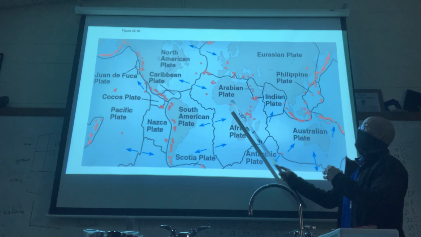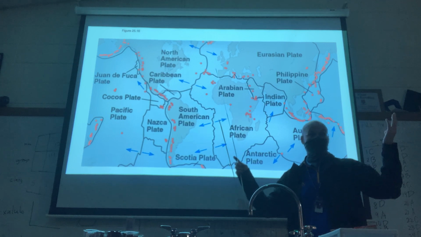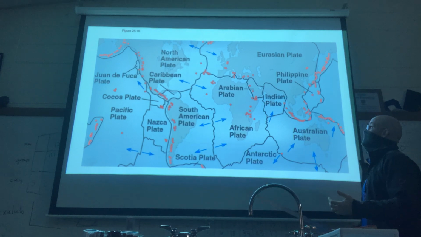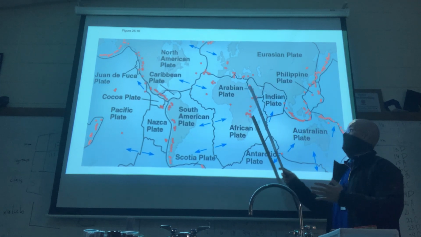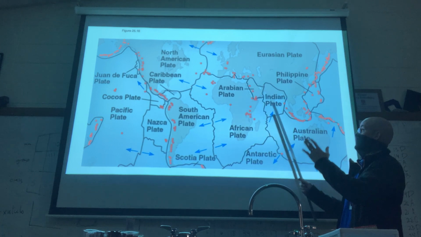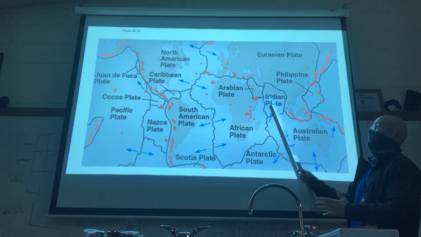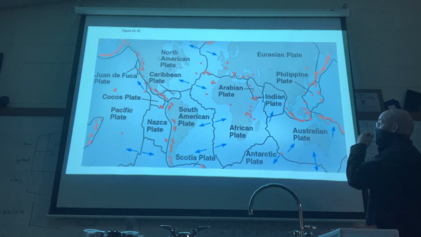And they are essentially floating on the liquid innards of the planet. So these plates are grinding on top of, underneath, and side to side against other plates, and they are changing their position around the world.